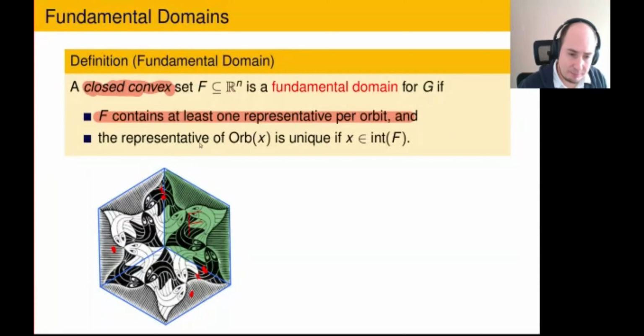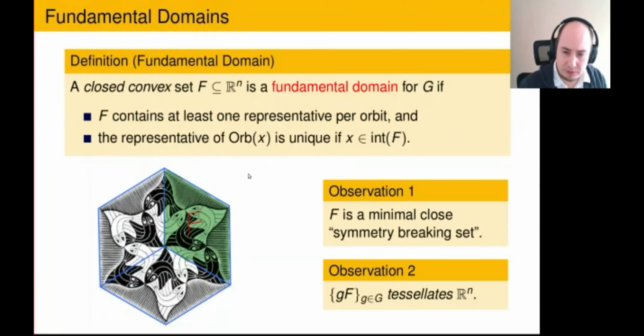And in some way, well, 2 observations about this. Okay, so this F helps you to break symmetries. And the other thing is that these are in some way minimal ways of breaking symmetries, in the sense that if you take a smaller set which is strictly contained in F, and it's also closed, this means that you will have some point which is in the interior of F that is not in this smaller set.